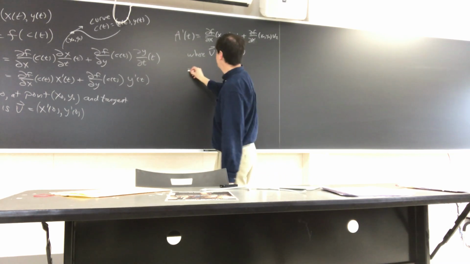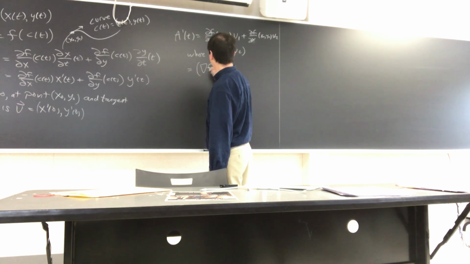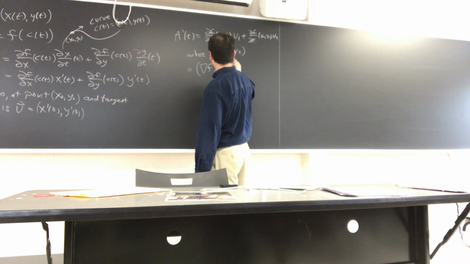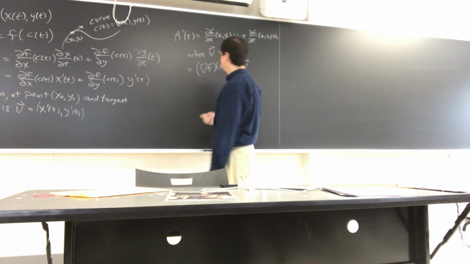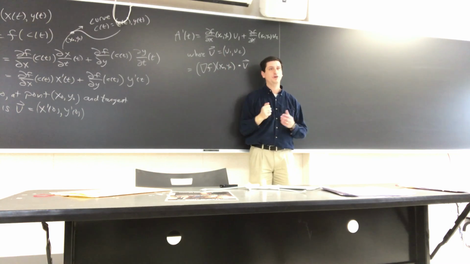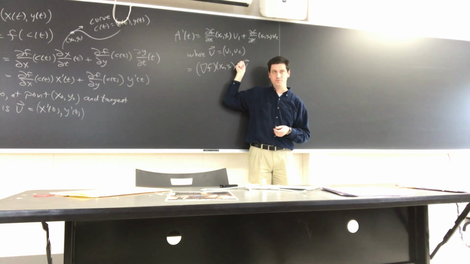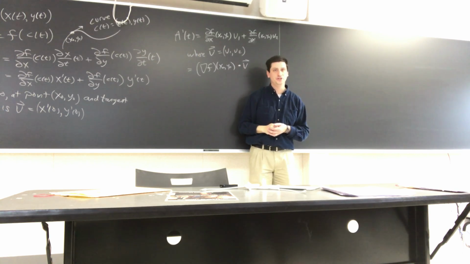Well, this is the same as the gradient of f at the point x naught, y naught, dotted with the vector v. Because remember, when you have a dot product, it's first component times first component, plus second component times second component, plus third component times third component, and so on.